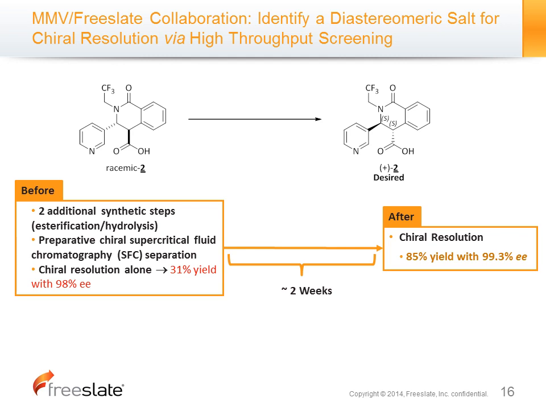They have actually tried to do chiral resolution alone, but the result was fairly poor. It could not be really scaled up for other purposes. Through this collaboration, in a relatively short period of time, we were able to achieve 85% yield with a fairly pure E separation.